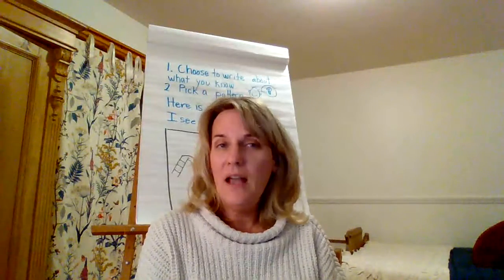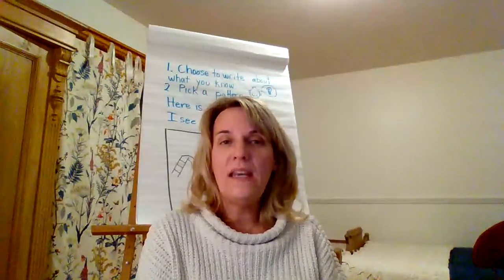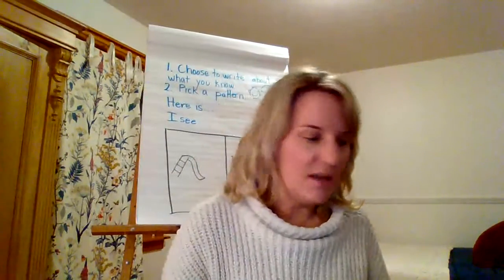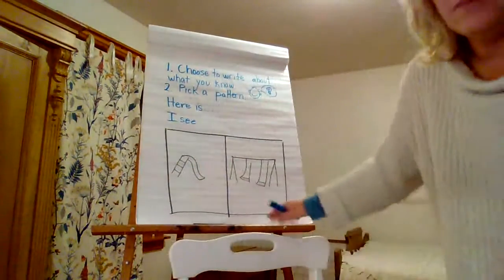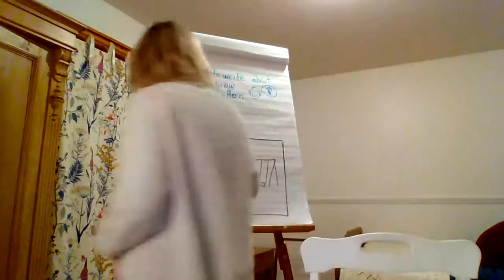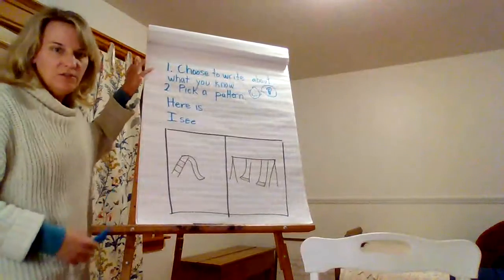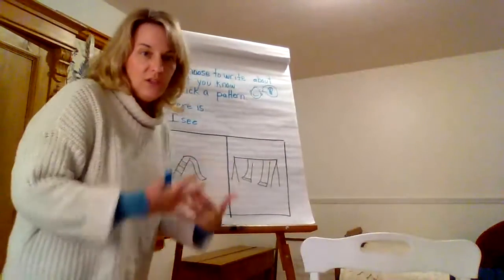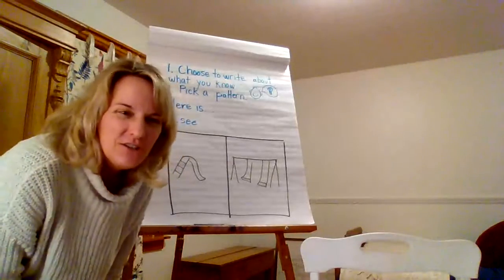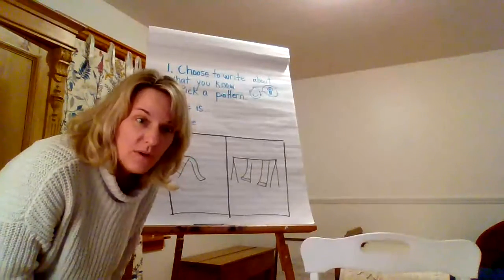So boys and girls, I'm going to show you how we can write our own pattern book. So I've got some directions on my board up here. So I'm going to come around so you can see the board. And the first thing you're going to do is you're going to choose what you're going to write about.